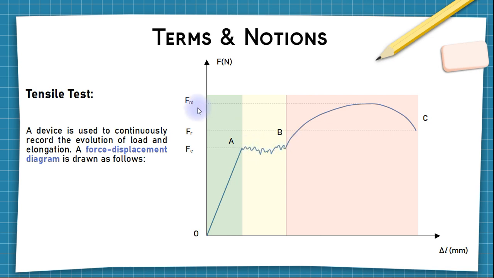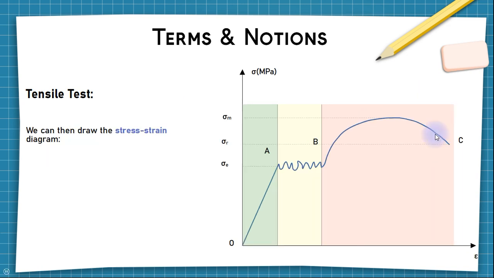Then we got here a maximum force, and then we got here the rupture. So this is where the specimen breaks off. So we're going to explain this right away. So this is what I'm talking about.